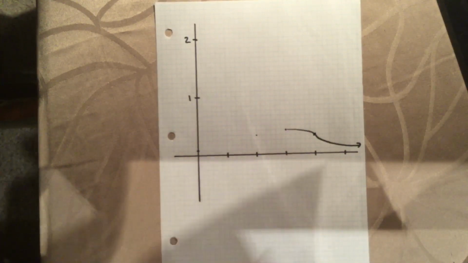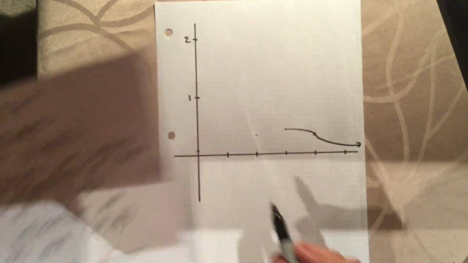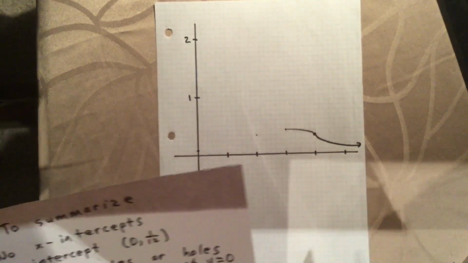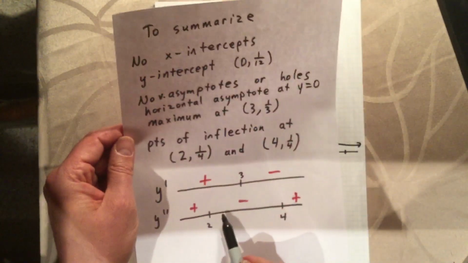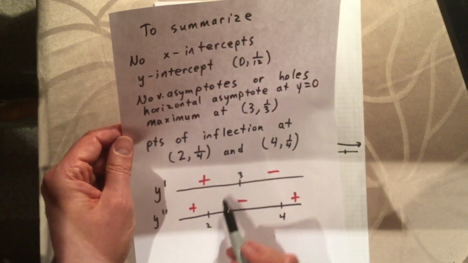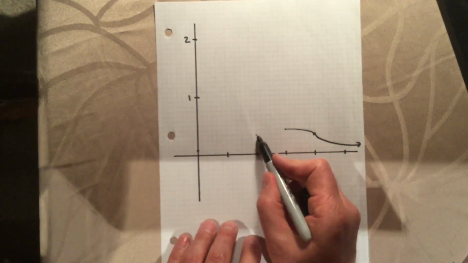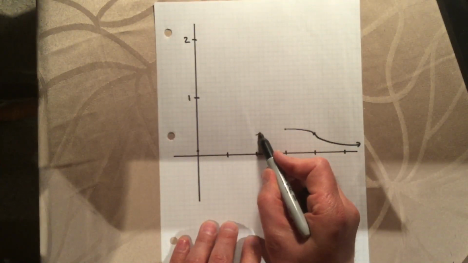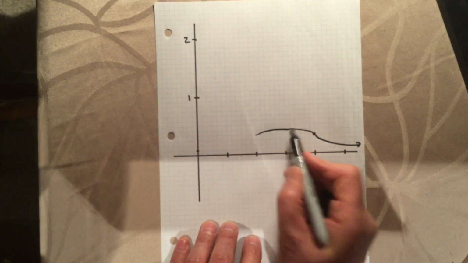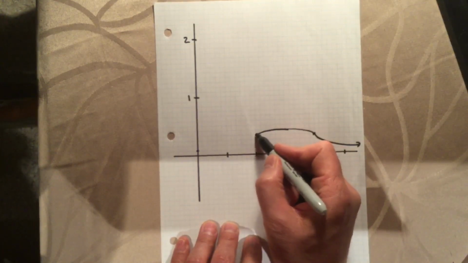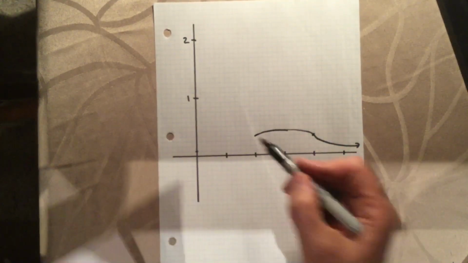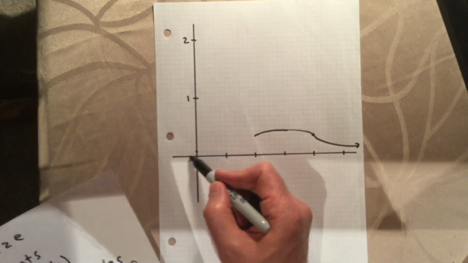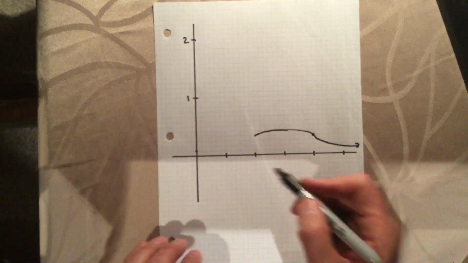Now on the other side, we see that we're increasing the whole time, and we can kind of tell that. We're going to be concave down in between 2 and 3. So we're concave down, meaning the curve will be below the tangent line. But then from this point on, we're going to be increasing, but we're going to be concave up.